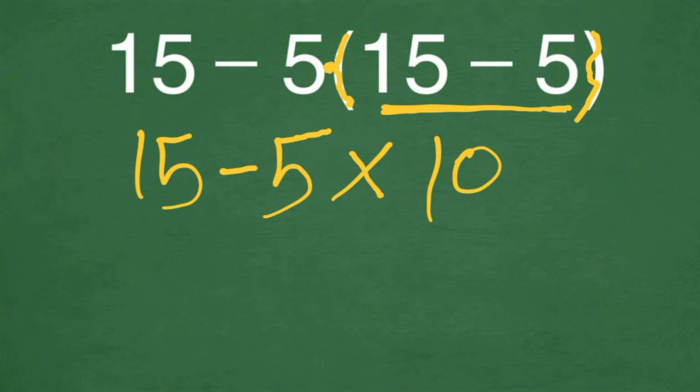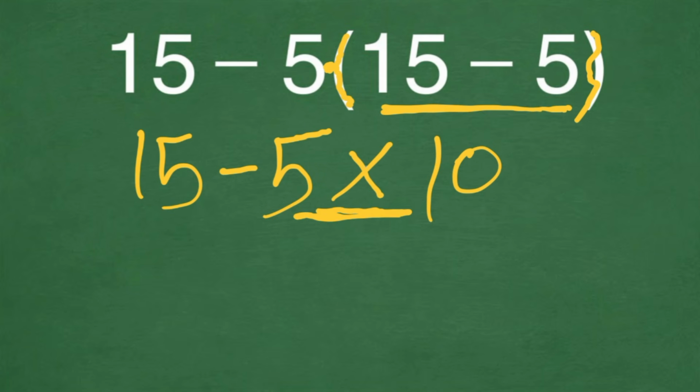So according to the rule, we did the parentheses first, and now we have a multiplication and subtraction. So which one should we do first? Well, the multiplication has a greater priority than subtraction, right? So we have to do the multiplication before the subtraction.